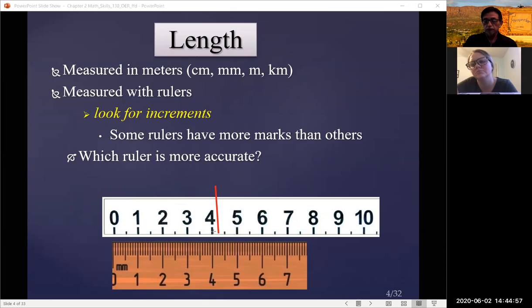Let's assume this is millimeters here. But that same mark on the bottom ruler, we can be more accurate. That number on the white ruler, we can go maybe 4.3. However, the one on the bottom, we could say almost 4.25. We went to the 2nd decimal place, to the hundredths. So the bottom ruler has more accuracy.